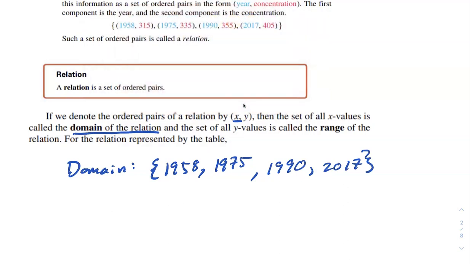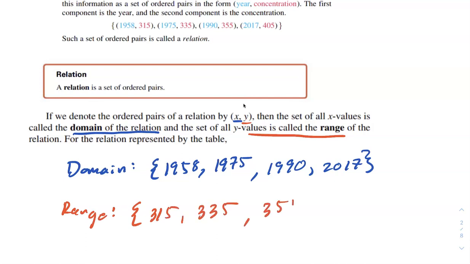The range will be all the y values, or the output values. So my range will be 315, 335, 355, and 405. So that's your domain and range.